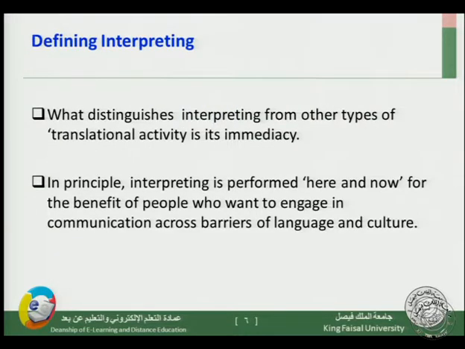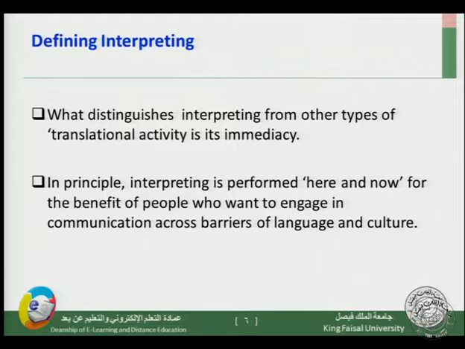Okay, so having said that, we can now establish, or define, interpreting. Now you know the conceptual roots of interpreting, how it started, the origin of interpreting in the old times, the origin in Latin, and the meaning of interpreting or interpreter in English in current times.